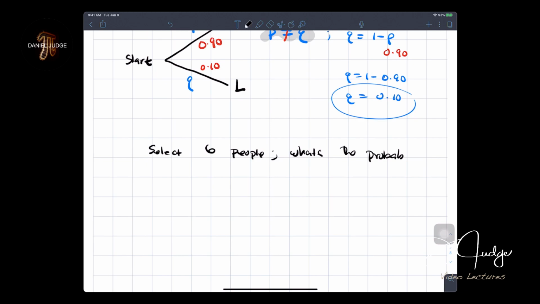What's the probability? And here's what I'm going to start to do. Question 1. At least one is left-handed.